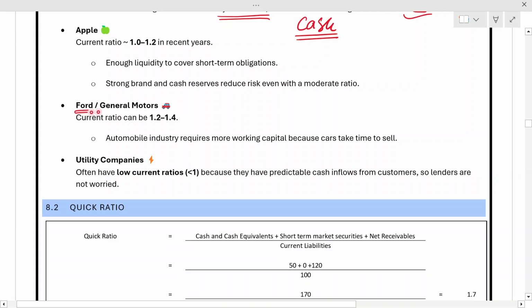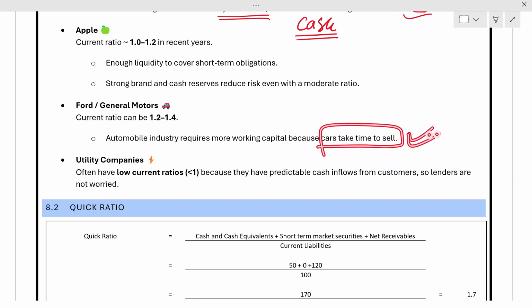Similarly, for Ford or General Motors, the current ratio often falls within 1.2 to 1.4. The automobile industry requires more working capital because cars take more time to sell. If cars are not selling, they sit in inventory, so current assets increase, and when current assets increase, the current ratio increases.